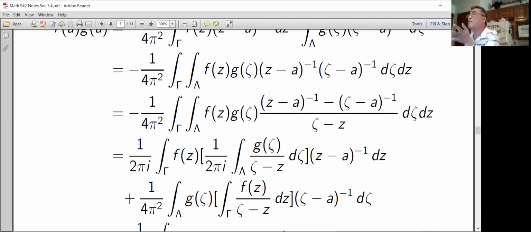So this iterated integral is written as the sum of these two terms. Let us look at the first term. By the Cauchy integral formula, the inside integral equals g of z, because this z is inside of lambda.